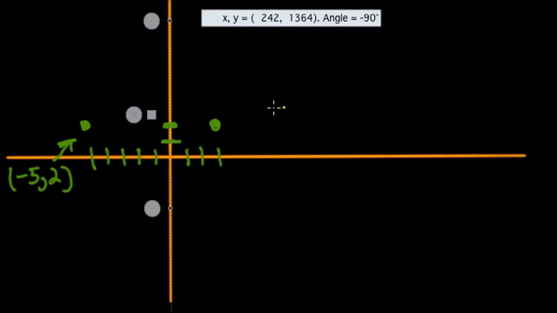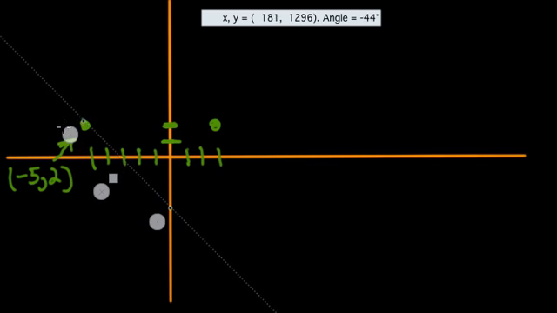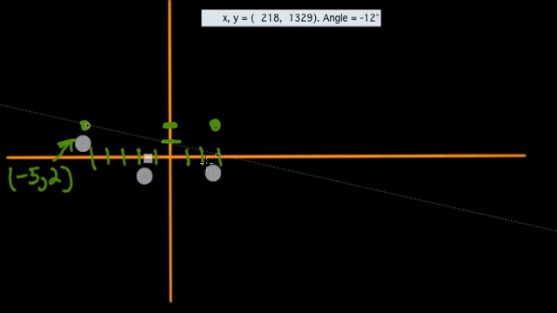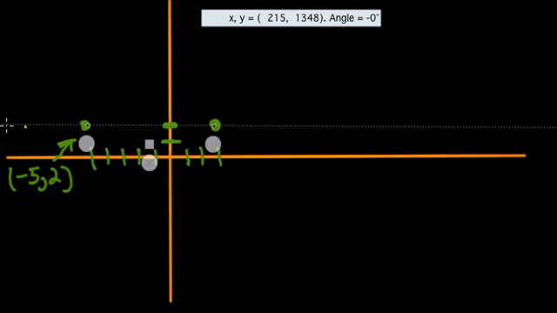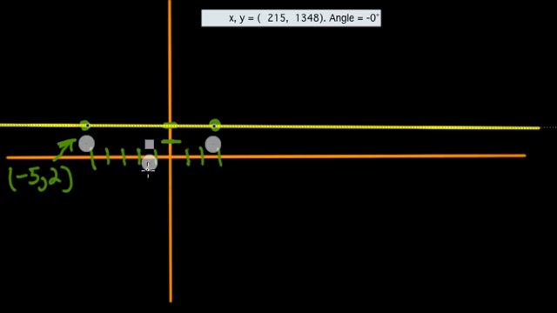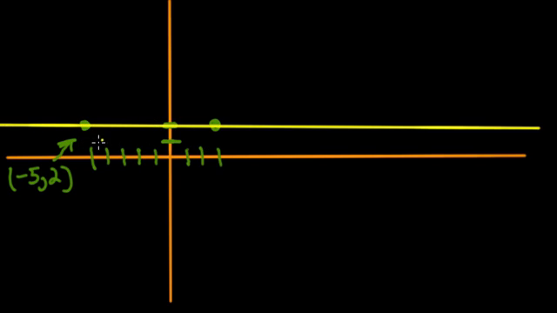So here's -5, 2, right there. And then the other point we'll have is 3, 2, there. Get my ruler back out and switch to yellow. And so notice this is a horizontal line.